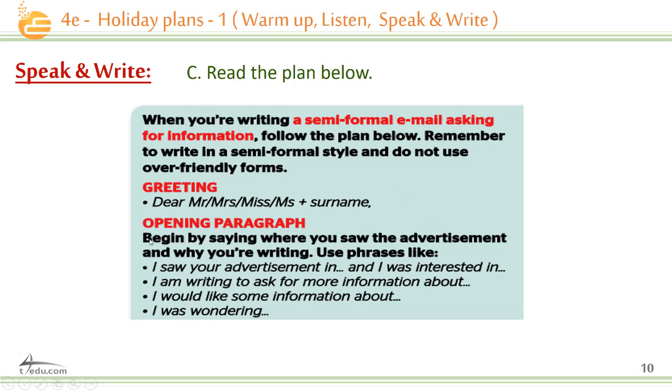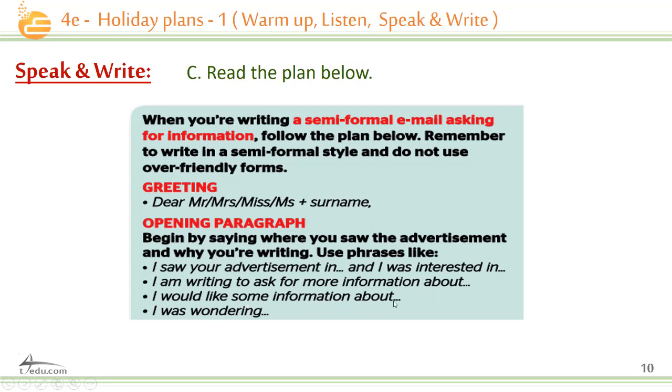Opening a paragraph. We start by an opening paragraph, begin by saying where you saw the advertisement, maybe in a local newspaper, maybe in an electronic magazine, maybe any kind of advertisement. Okay, I saw your advertisement and I was interested in. I'm writing to ask more information about, these are some phrases you can use in an opening paragraph.